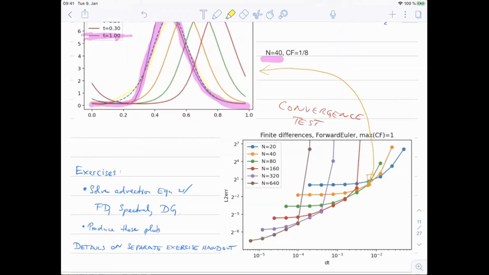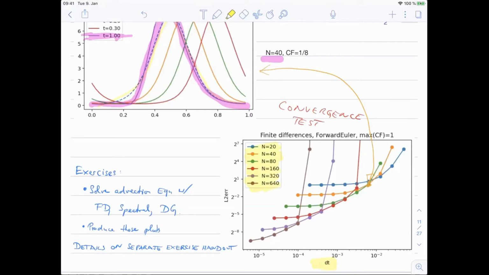What I have done here is I have evolved the advection equation on a wide variety of different grids, going from 20 grid points up to 640 grid points, and with a wide variety of different time steps, delta t.